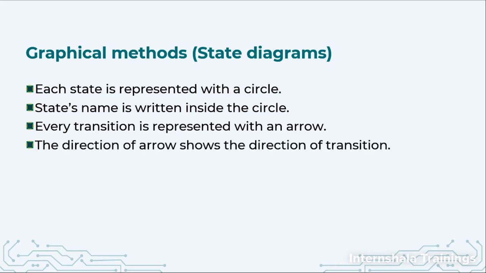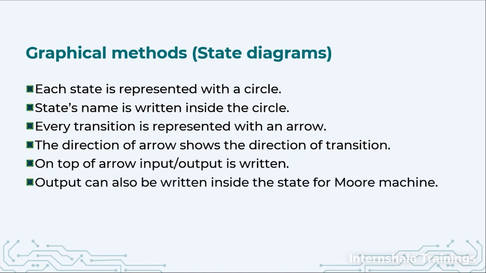The direction is very important because it will tell us which state we are going from and to. On top of every arrow, there will be two values separated by a slash. On the left side, we write the input. On the right side, we write the output value. Output in some cases can also be written inside the state circle. That is done mainly in the case of a Moore machine because the output is not dependent on the input.